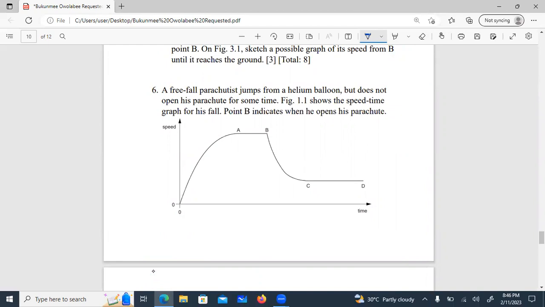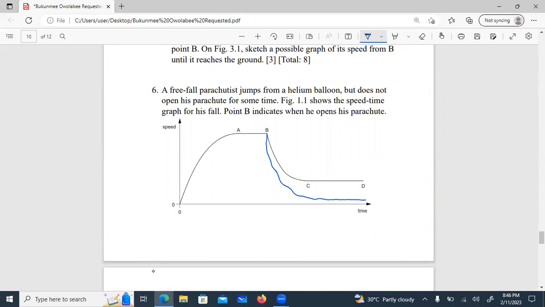At B, when you open your parachute, your speed drops to a lower final speed. So this is what your graph looks like. You attain a lower final velocity.